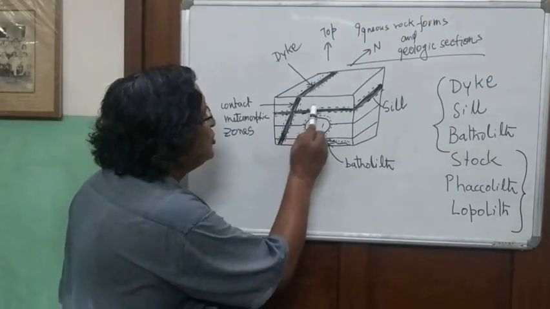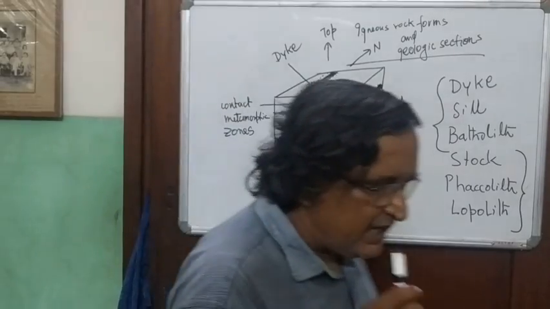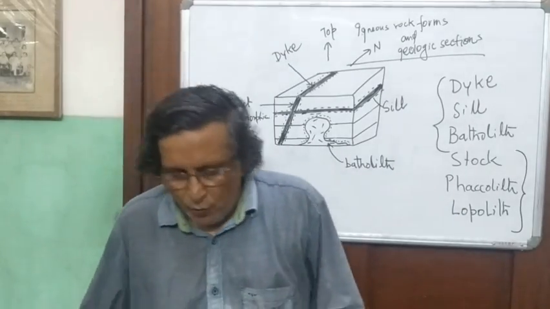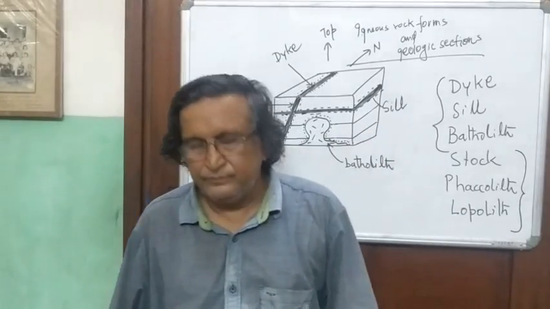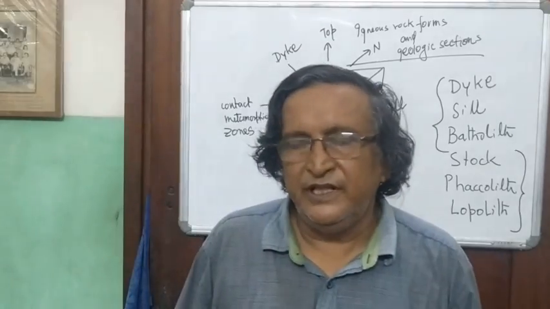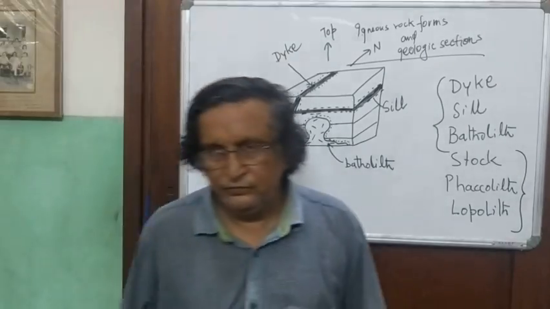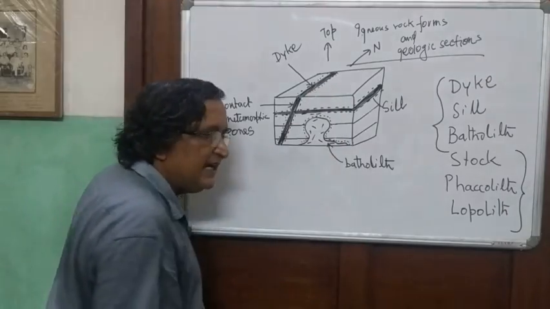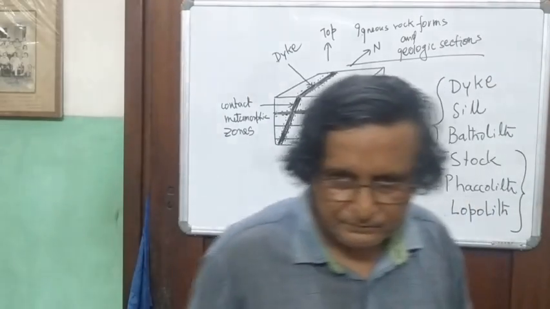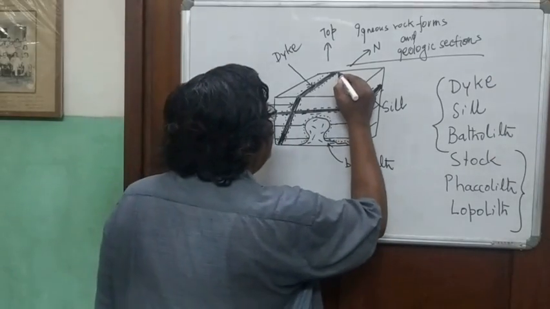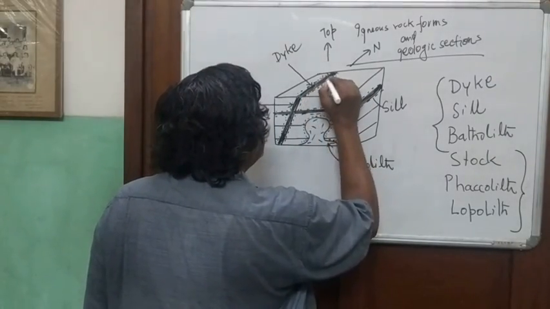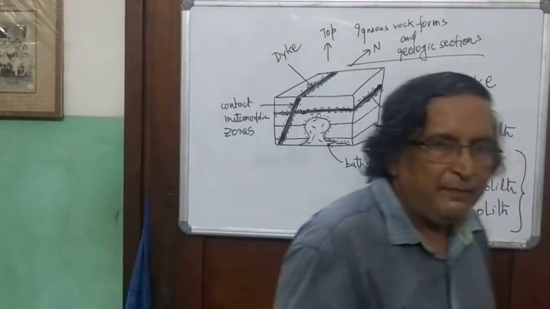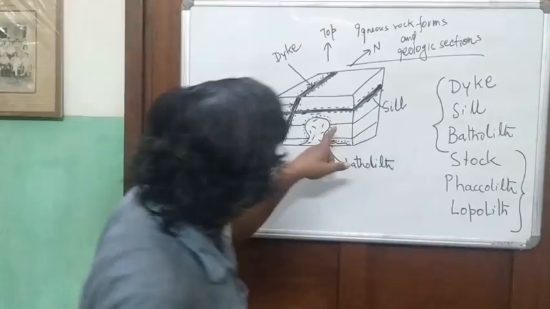Now, what are these dots? Now you see, igneous rocks are hot material. When they intrude the rocks, generally the intruded rocks are colder. So what happens? These hot igneous bodies release heat to the surroundings. These host rocks adjacent to the dikes, the sills and the batholith are heated to high temperatures because of the heat release.